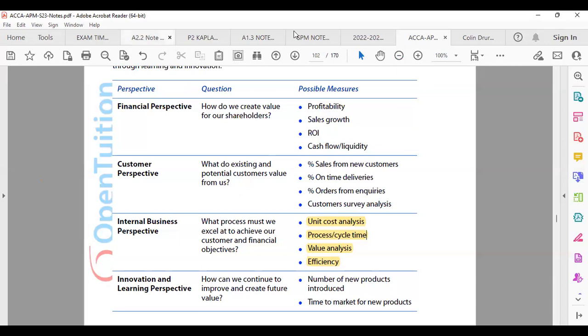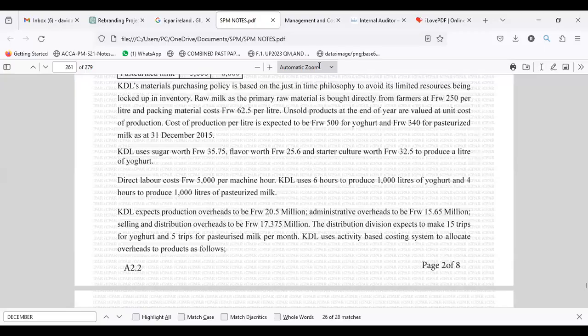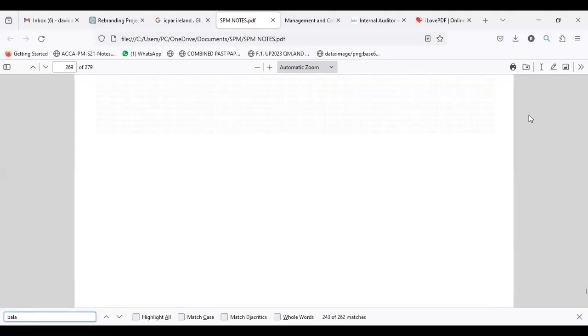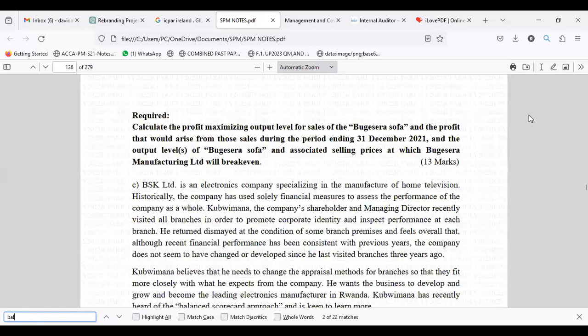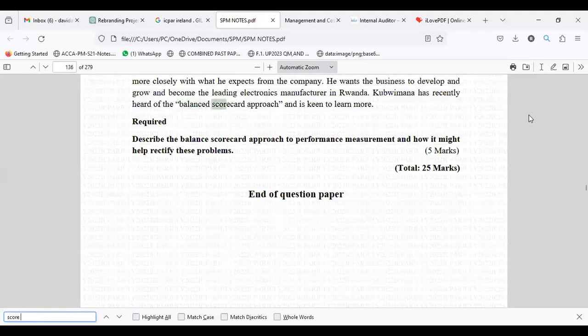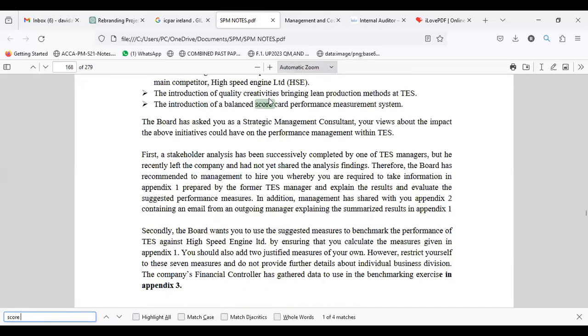If you are asking how, then the best way for me to answer that question would be if I take you back to a past paper and you see how the balanced scorecard could be factored in. Now, there are questions, if you skip through the paper, you'd find there is a balanced scorecard. There is scorecard, which is there. There is balanced scorecard, which is there.